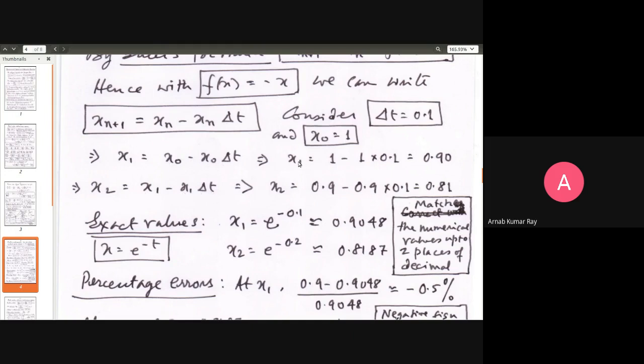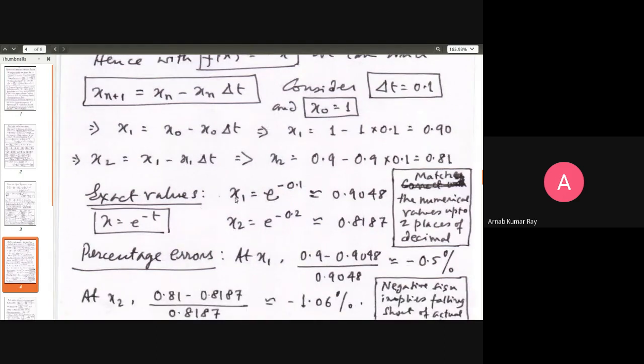So as soon as you've got the value of x1, the next iteration follows. This is just setting a loop in your program, right? Python, C, whatever, MATLAB. So x2 is equal to x1 minus x1 delta t, which is 0.9 minus 0.9 into 0.1, equal to 0.81.